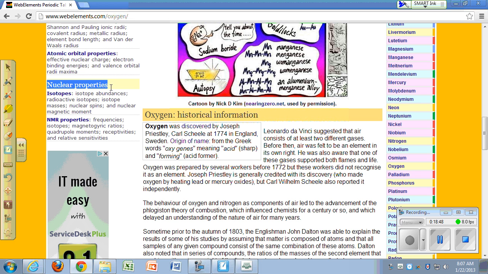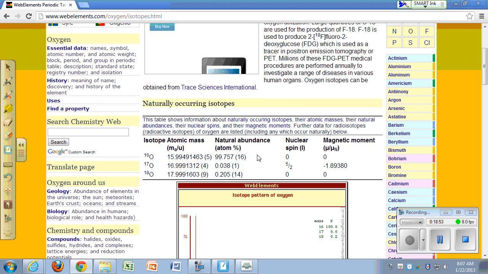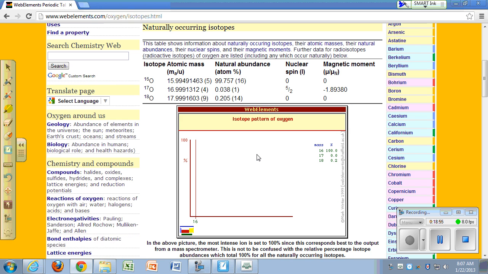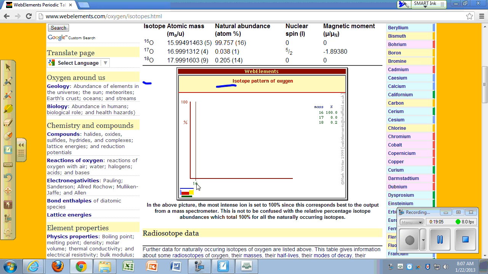Under isotopes, you get the natural abundance of oxygen. So you'll notice it's 99.757% oxygen 16. And here's the isotopic pattern. It's mostly oxygen 16. There's hardly any oxygen 17 and 18 in nature.